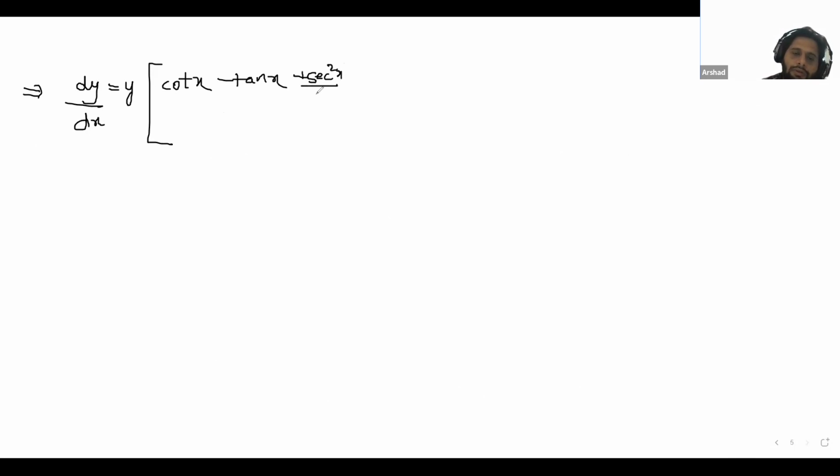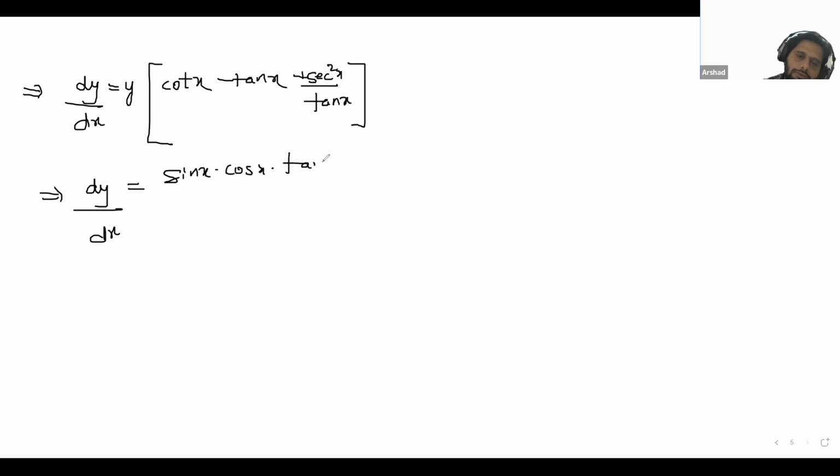In the next step, we will solve it. So put the value of y. What is y? y is given in the question: y is sin x into cos x into tan x. And then we have cot x minus tan x.